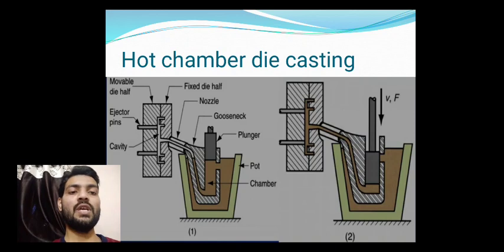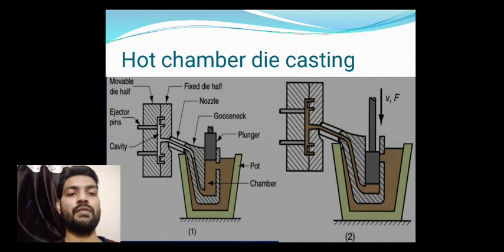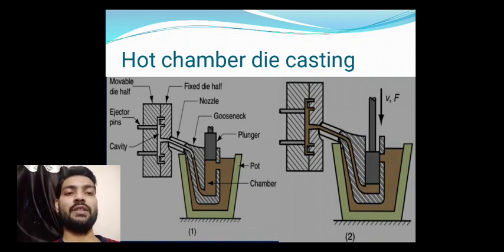The first figure shows the molten metal in the chamber, and the plunger is fixed in the gooseneck, and there are two types of die. One is the movable die and the other is the fixed die. The movable die and clamping are attached with the help of clamping, and the mold is present between the dies.